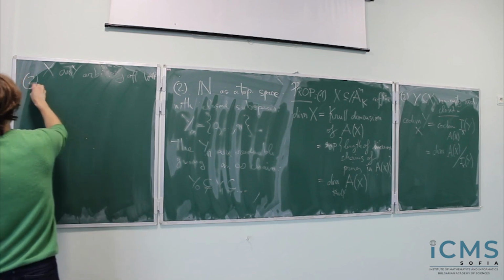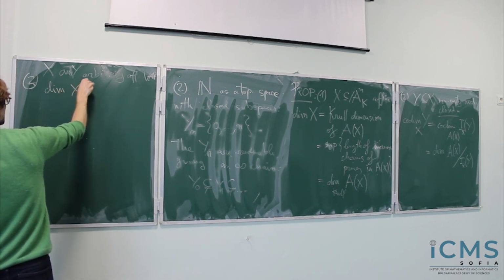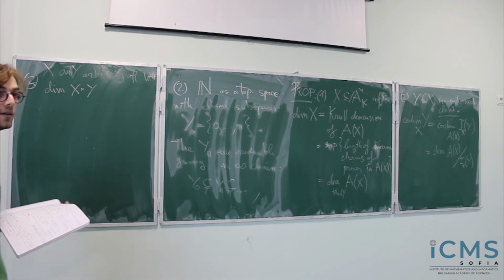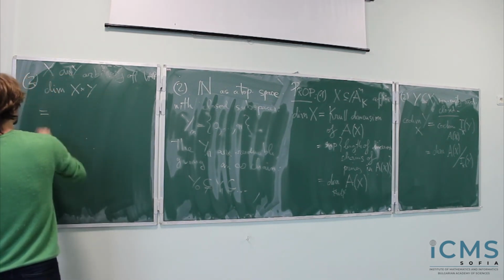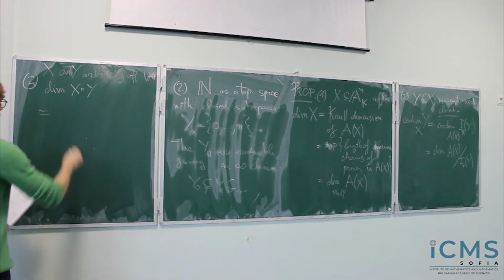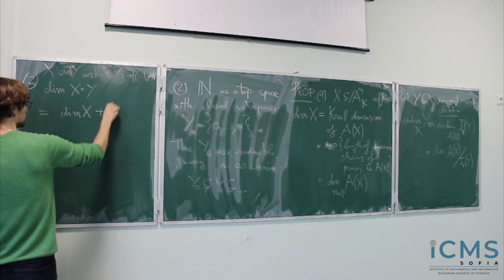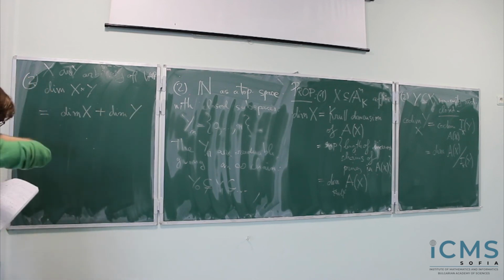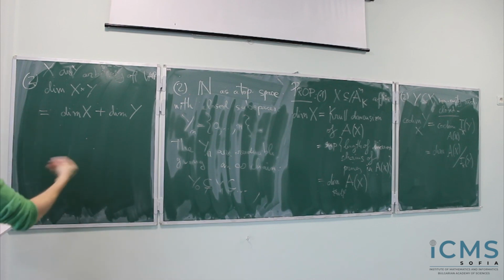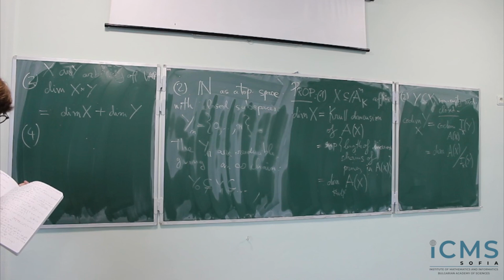As you can imagine, if I take the product of two varieties, the dimension should be additive, and it is indeed the case. So these are theorems, and these need actual proofs to establish them.